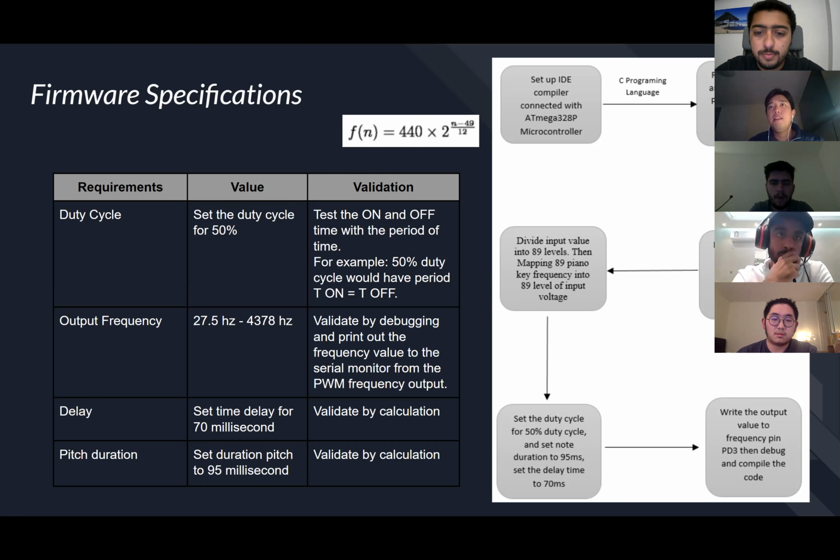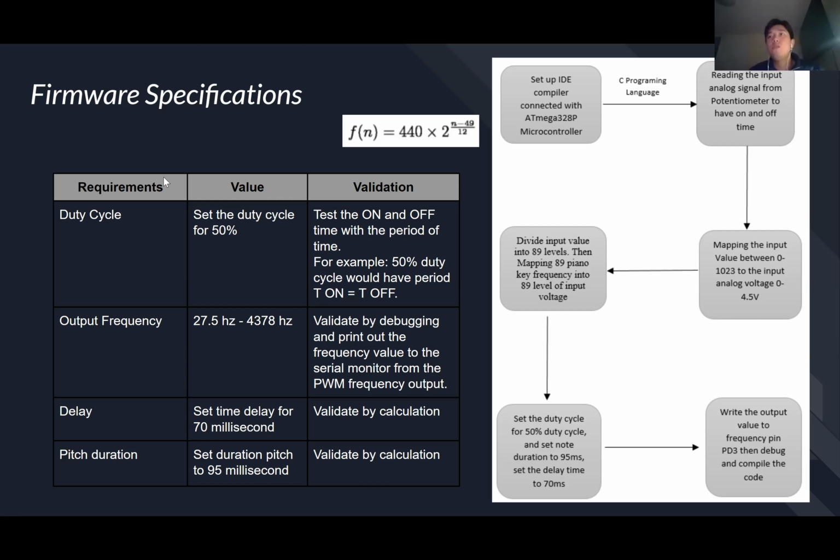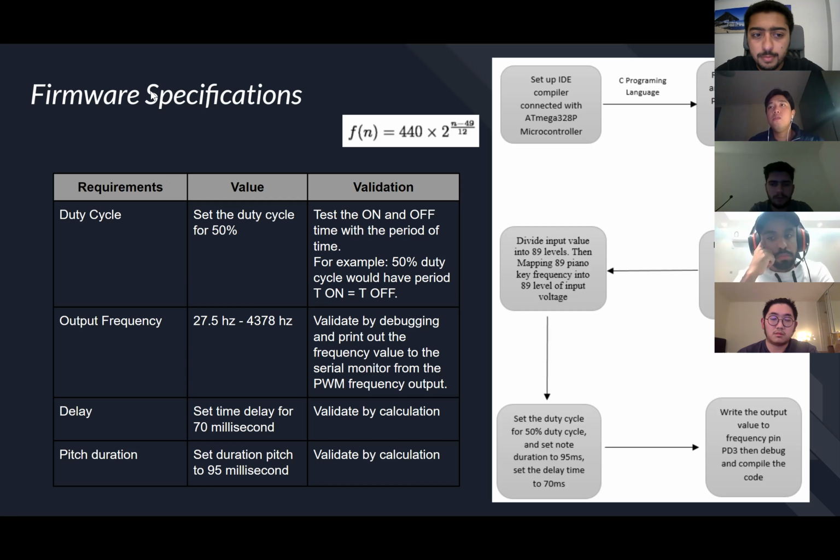Then we map these 89 input levels into the array of 89 piano key frequencies. Then we set the duty cycle to 50%, set the note duration to 95 milliseconds, and the delay time to 70 milliseconds to avoid a tick noise between the notes. Finally, we write the output value to the frequency pin PD3, then debug and compile the code.